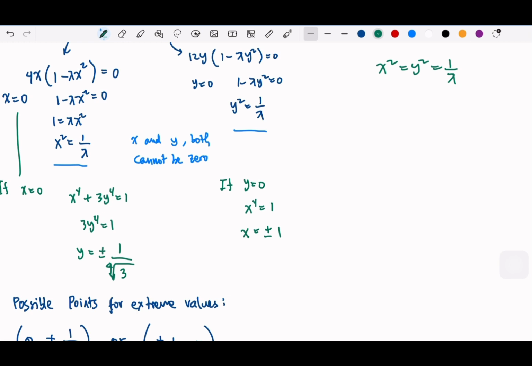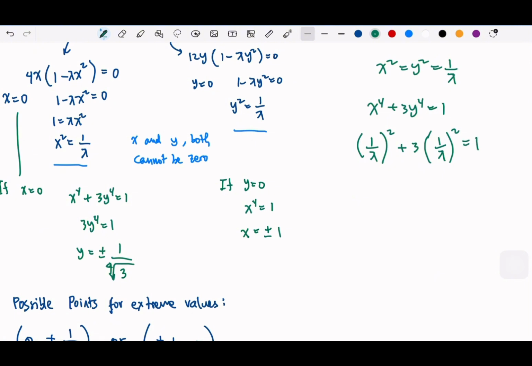Now the equations then give you this will be 1 over lambda squared, because it's power of 4, because it's already x squared in the beginning, plus 3 times 1 over lambda squared equals 1.